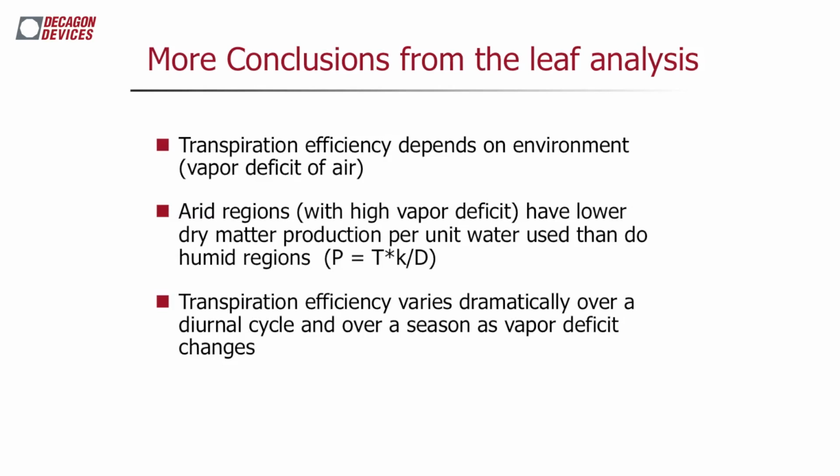And as you might imagine, transpirational efficiency varies dramatically over a day and even over a season as vapor deficits change. So in this case, whereas the other model was a little more robust, the radiation use efficiency over a season, this model actually requires more continuous input.